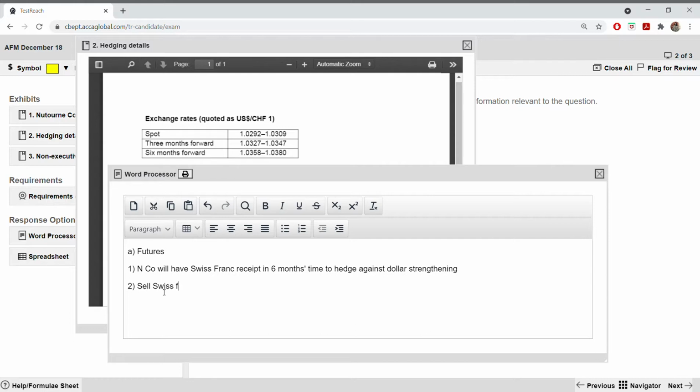So you have to write sell Swiss future, and you have to write the date, June future, or June future contracts. I will just say use June future. That's it.